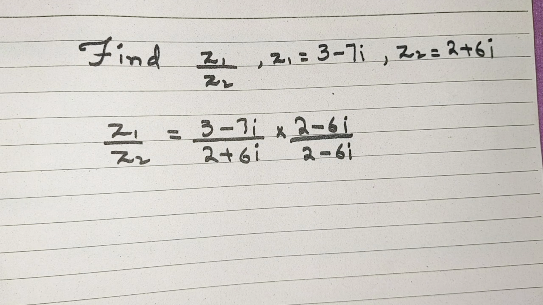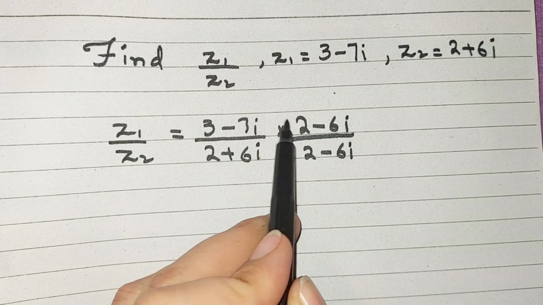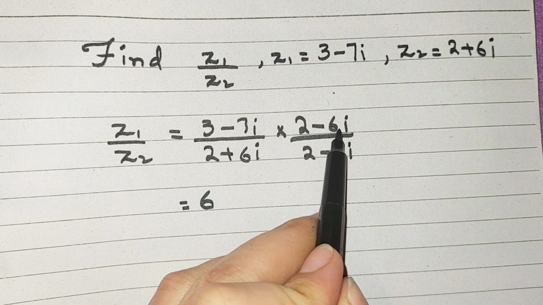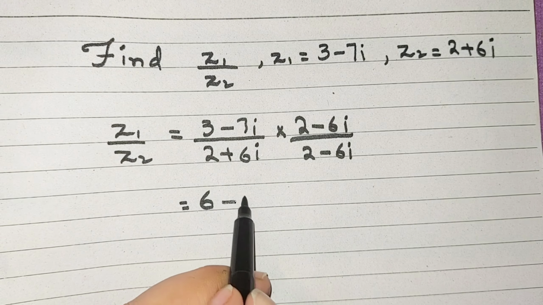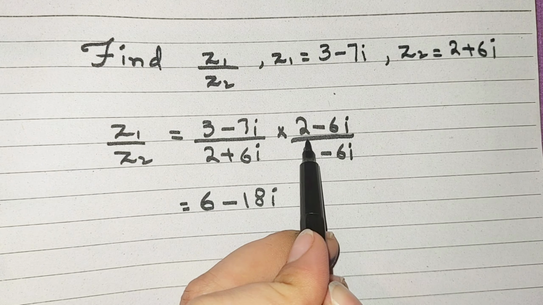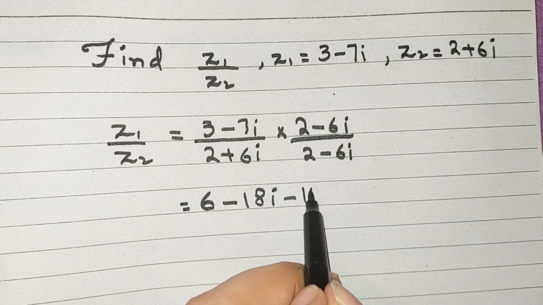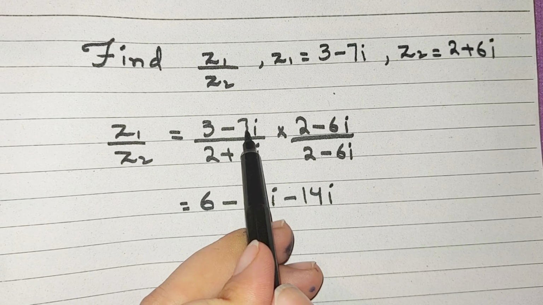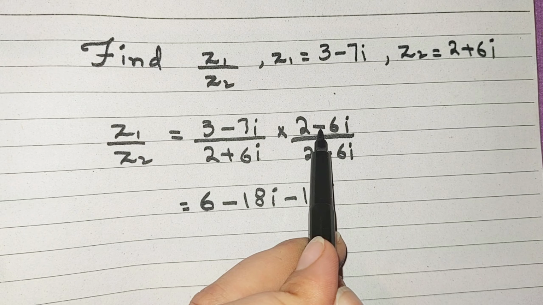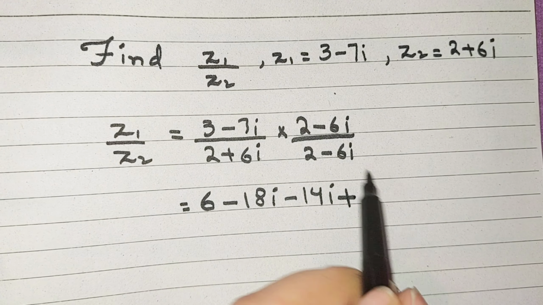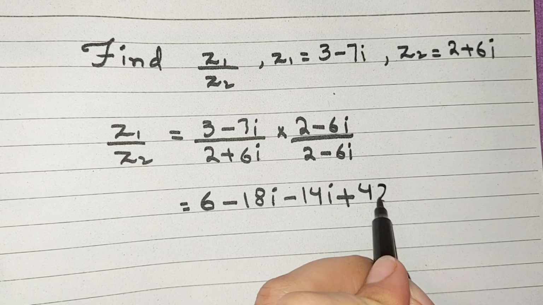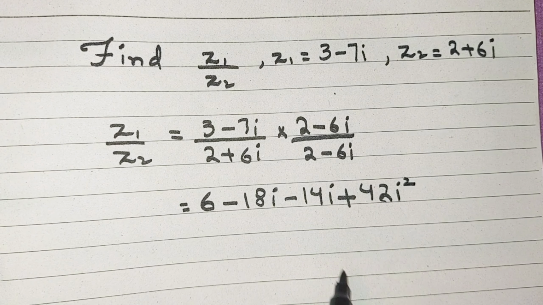So further we will just multiply this. 3 multiplied by 2 equals 6, and this 3 will be multiplied with this 6 iota, so that will be 18 iota. Further, this 7 iota will be multiplied with this 2, and that will be 14 iota, and here 7 iota is getting multiplied with this 6, and the negative sign times negative sign means this is positive here, and 7 multiplied by 6 will be 42 iota square.